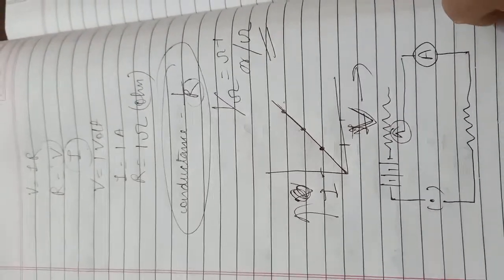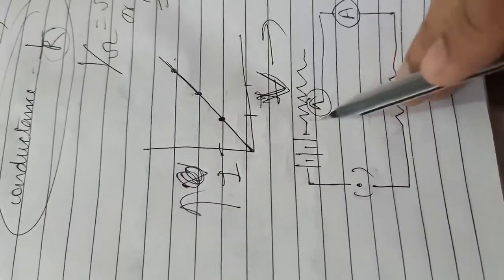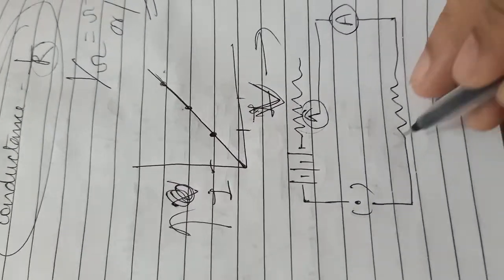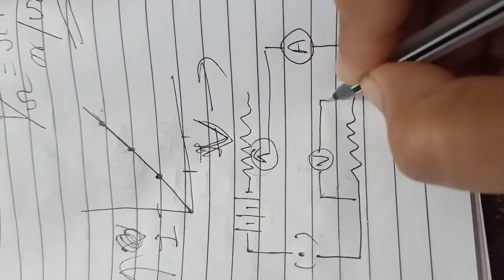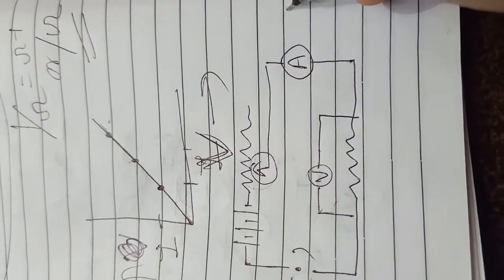And when we draw the VI graph, when we apply 10 ohm resistance, then see the value of the potential on the voltmeter. Here a voltmeter is also connected so that we can see the potential difference. When we apply 10 ohm resistance, we get the reading in the voltmeter and ammeter.